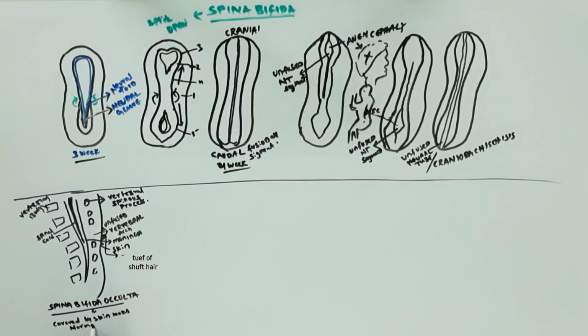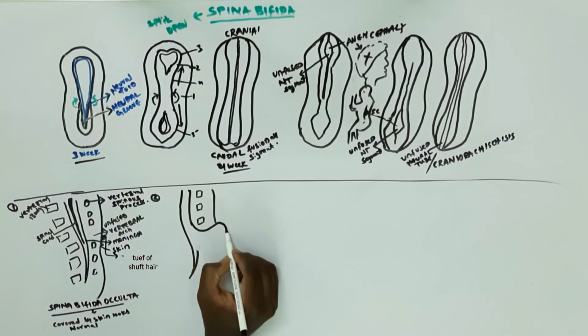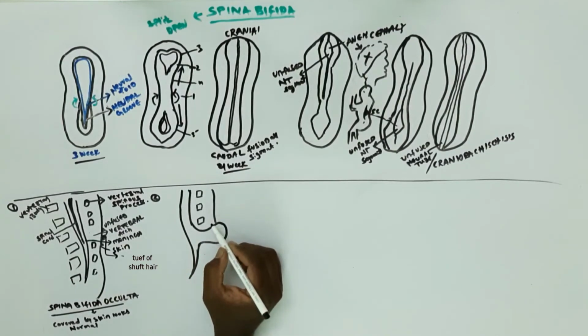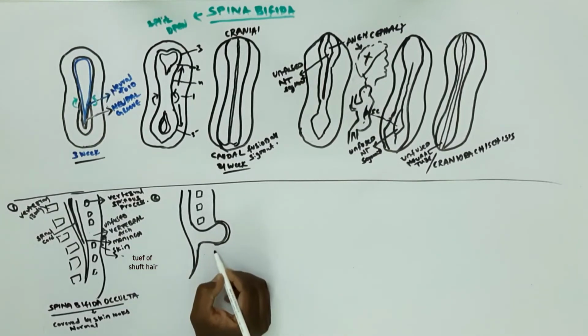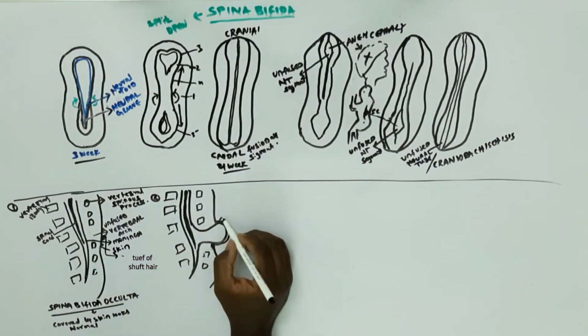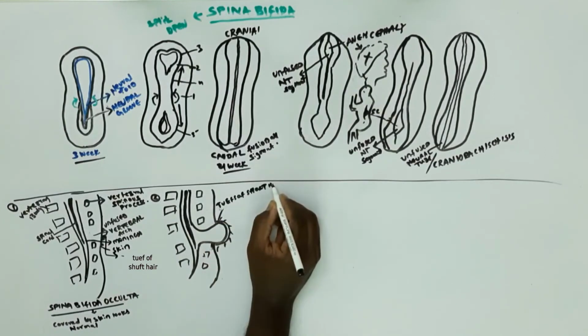Now we are seeing another type, called closed spina bifida. It is covered by the skin. In our diagram, same as the first diagram, but here in the gap of the vertebral arch there is a protrusion of fat called a lipoma. It also has CSF inside, and the meninges are also present. The outer layer is covered by the skin.